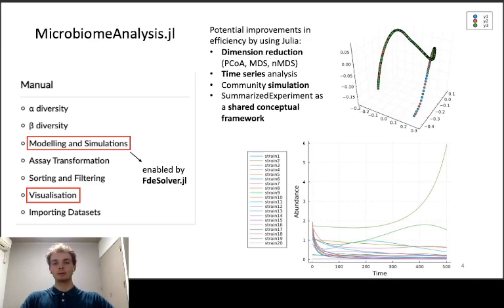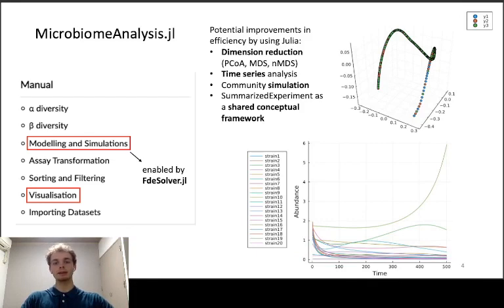For now, I'd like to focus on the modeling and visualization steps, because they often cause a bottleneck in the analytical process. And Julia, thanks to its efficiency, could actually make these two steps faster, or in some cases even feasible. A few examples of methods that could be improved are dimension reduction, like principal coordinate analysis, metric, and also non-metric multidimensional scaling.